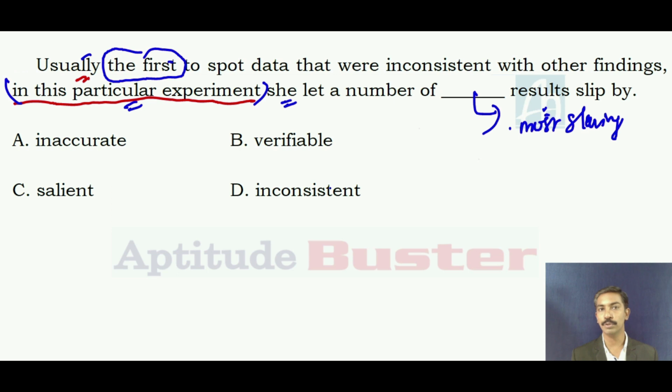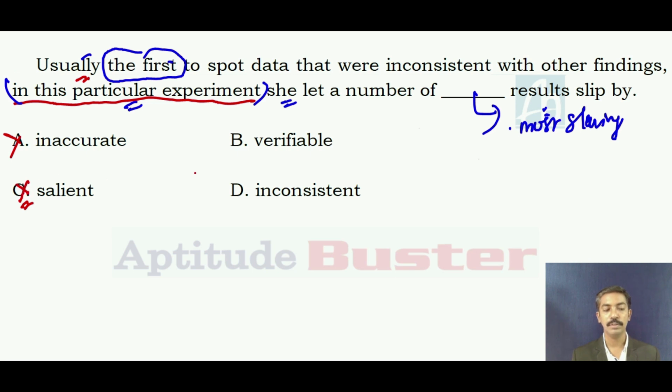Usually Virat Kohli scores more runs for his team. In this match, he has failed to do so. Similarly, usually the first to spot data, in this experiment, she let a number of most visible or glaring results slip by. Apply the word on the options. It can't be inaccurate. The word salient is a tempting option.